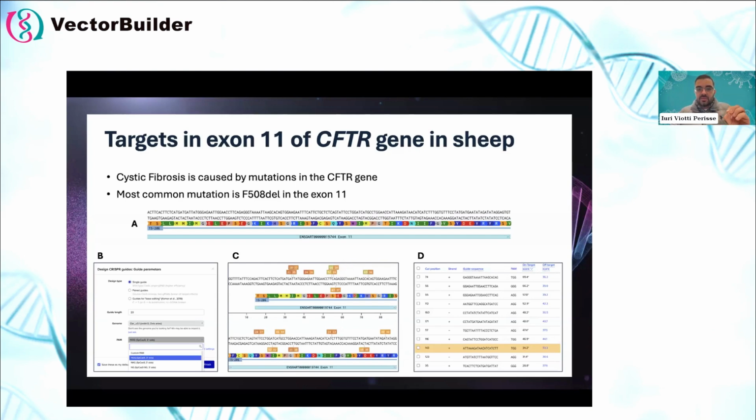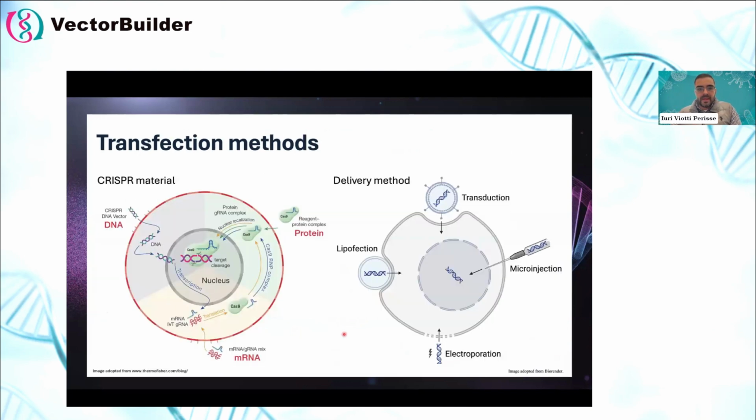But in this case, where we want to introduce a F508del mutation, we need to find the one that is extremely close to where that phenylalanine is present, which here is a 34 score for the on-target and 33 for the off-target, which is not really great, but we need to test because it's the closest one, basically.